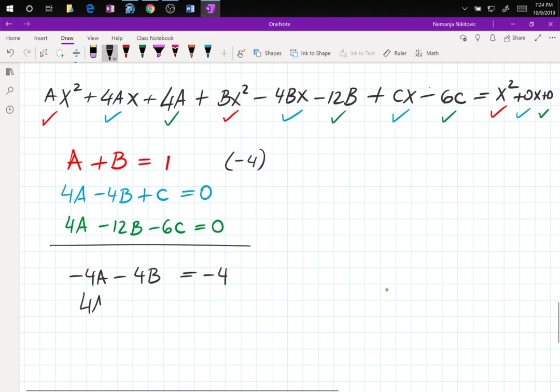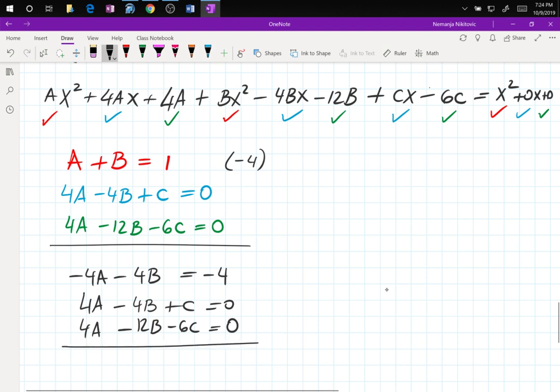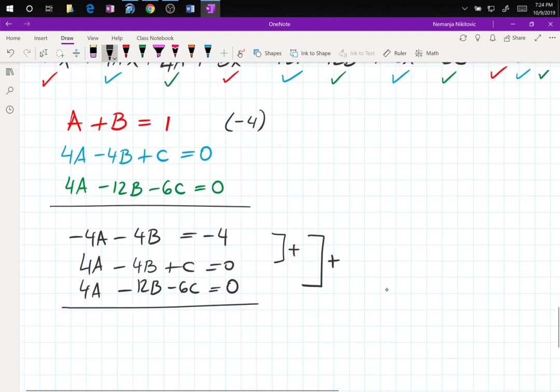I have 4a minus 4b plus c equals 0, and another 4a minus 12b minus 6c equals 0. Now I will add the first two, and I will add the first and the third equation.